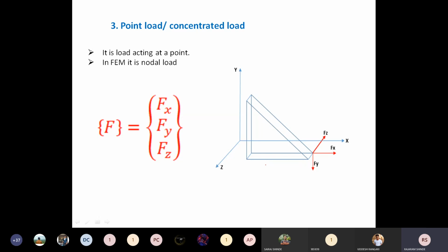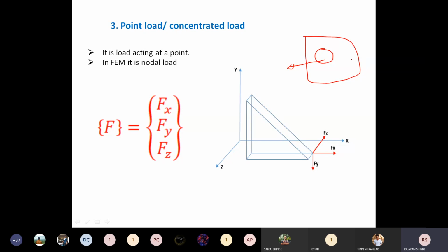Now, after discussion of the different types of forces, what is the effect of the force? When we consider the body force, here this is a body, and this body force is going to displace the whole body. That means it will create displacement in the body.